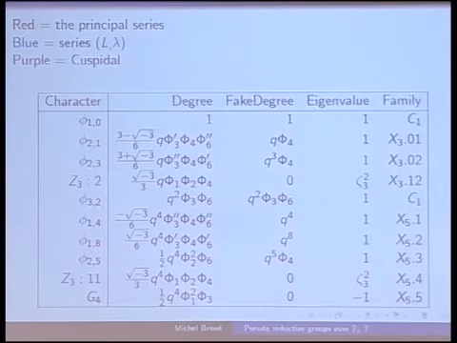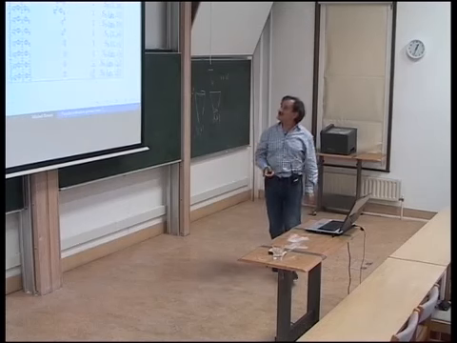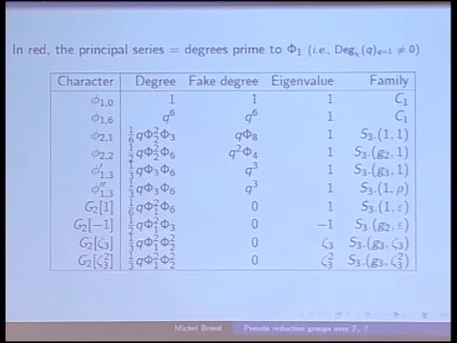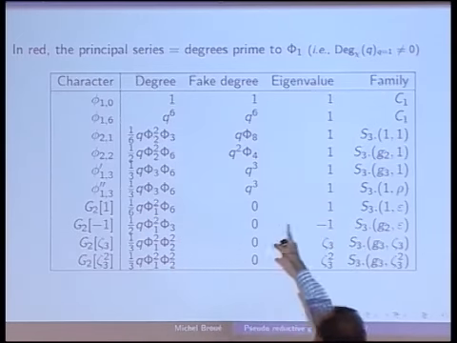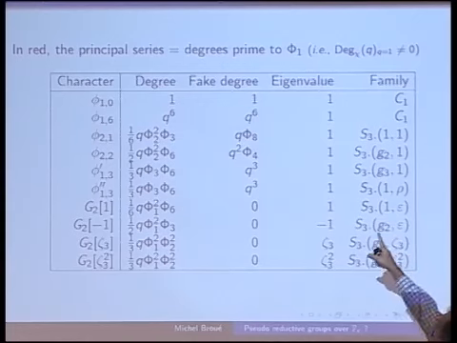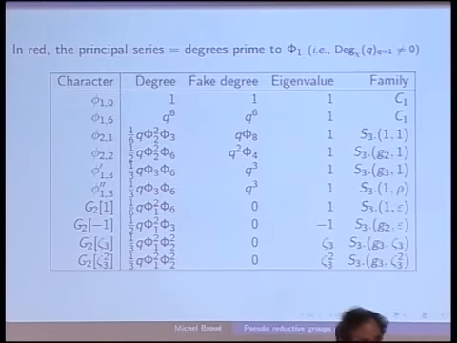Now already at that point, you know that I could not cook them up because there are some conditions. For example, let me go back to the true table of characters for G2. The character degrees of the principal series are characterized by the fact that they are not divisible by the first cyclotomic polynomial. In other words, they take a value at 1 which is different from 0.